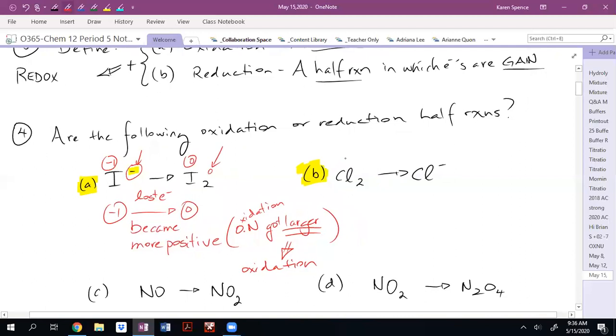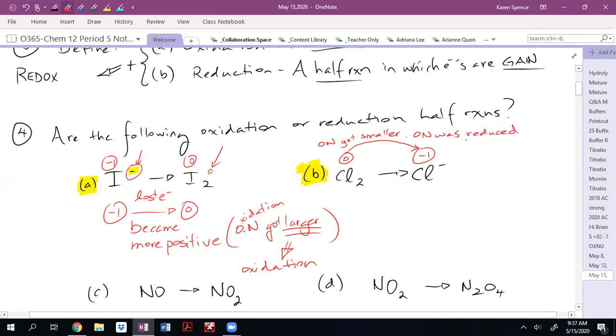We could do the same thing for Cl2. We could say that it has a 0 charge here because it is in its elemental state, all on its own. And over here, it has a -1 charge. Well, the oxidation number here got smaller. In other words, the oxidation number was reduced.